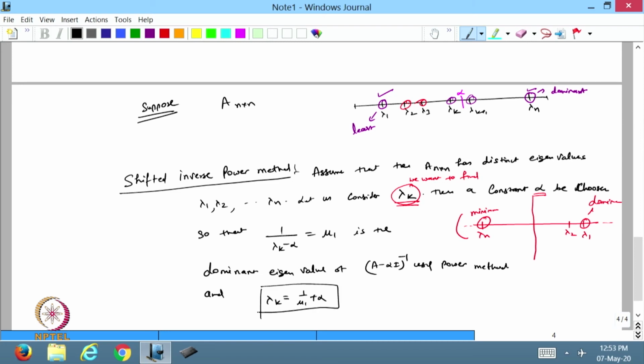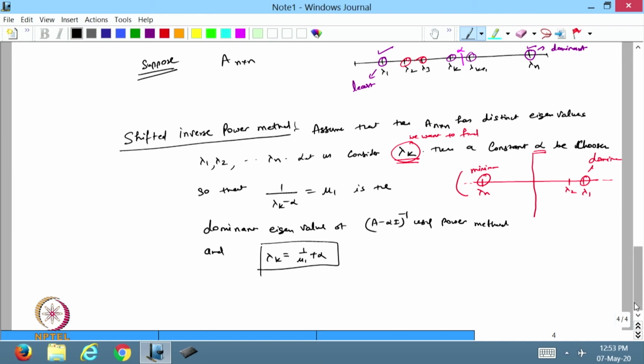So, this will be my lambda k. I can find the lambda k from here, right. So, we are able to find my lambda k.